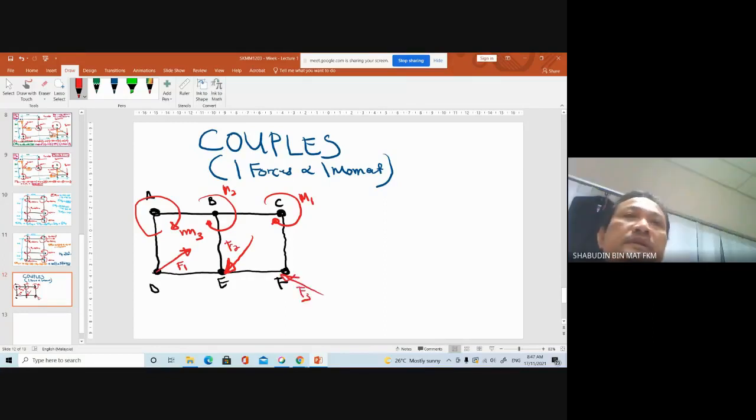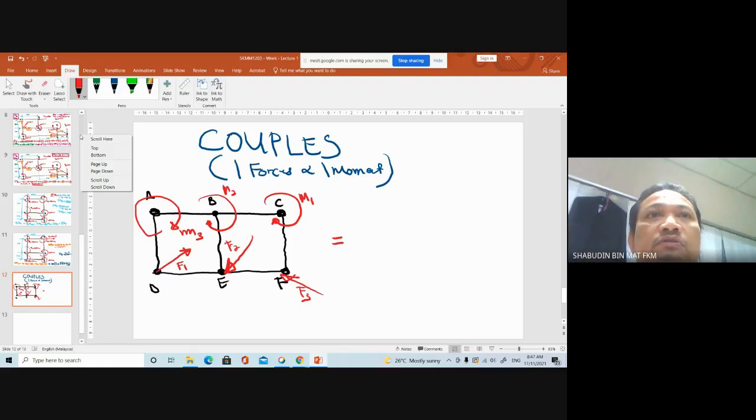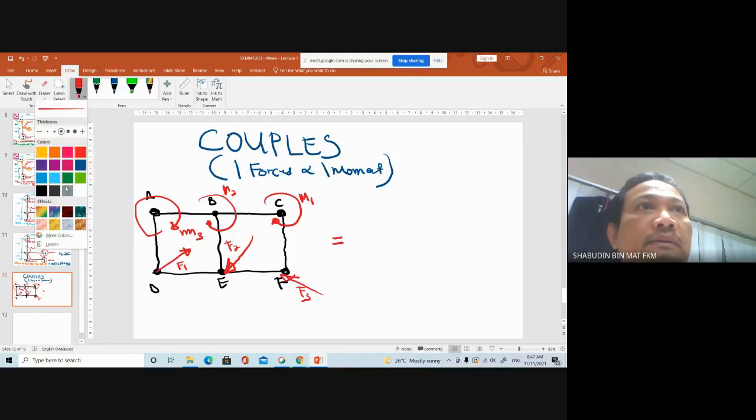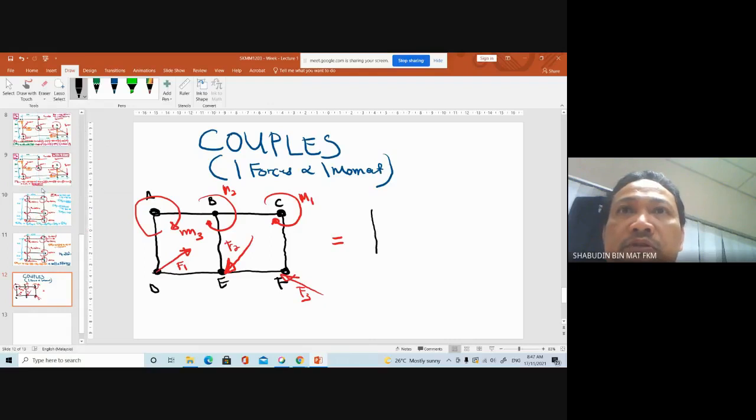A couple is a system where you want to transfer all this moment and all these forces, many forces, to one point only.